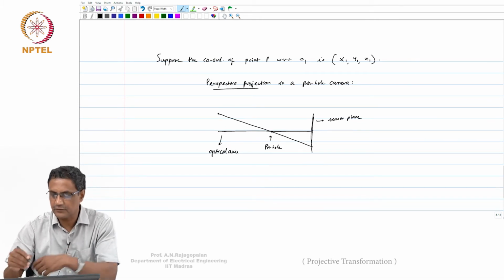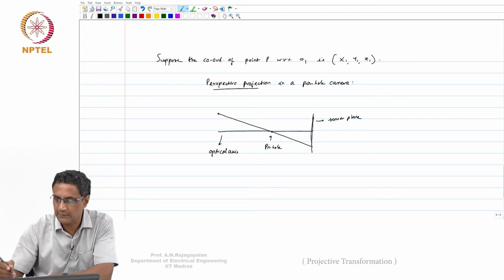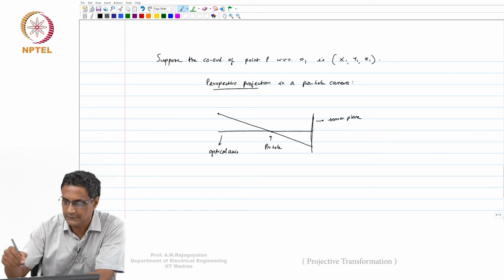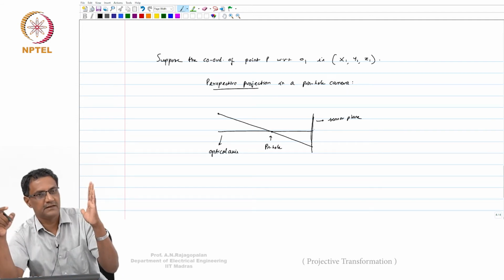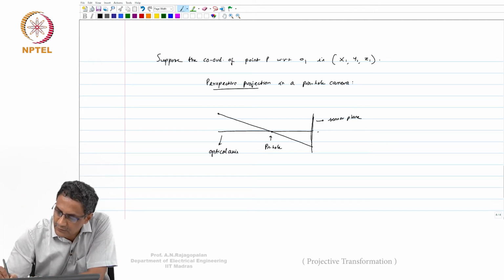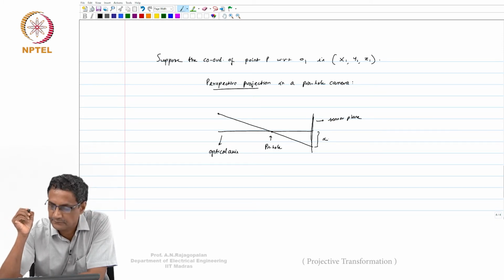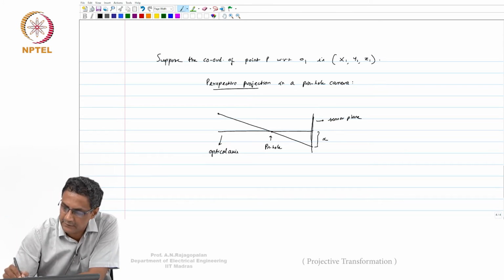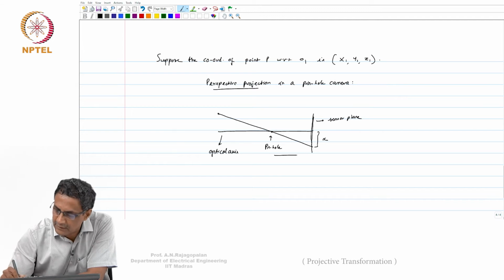In reality we should have x comma y, but I'm doing it on a page, so I can only show one of the coordinates. Imagine you will also have a y correspondingly. I'm just going to show x. From here to here is your x coordinate for this point, treating this as your origin. From here to here is your focal length f, the focal length of the camera.